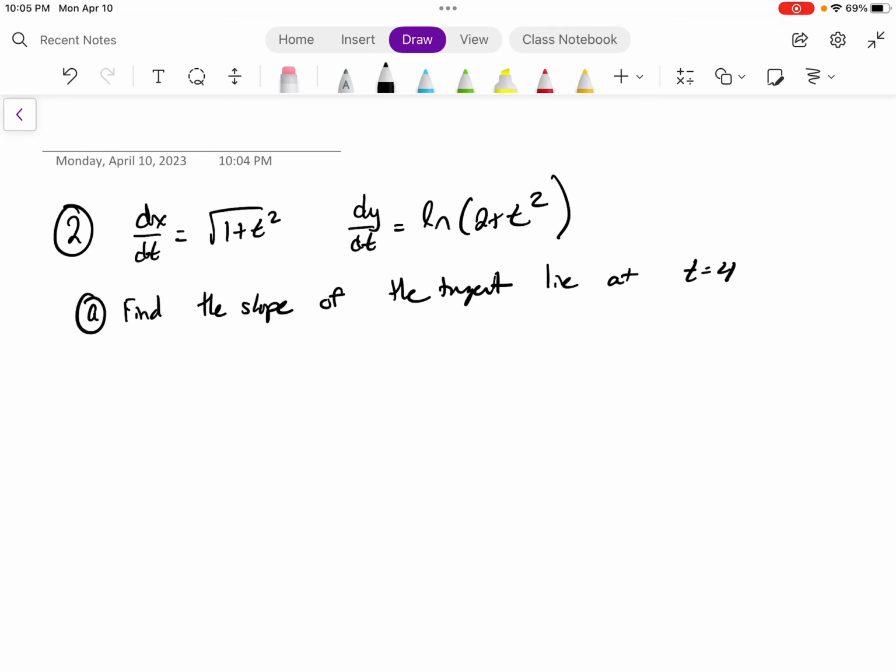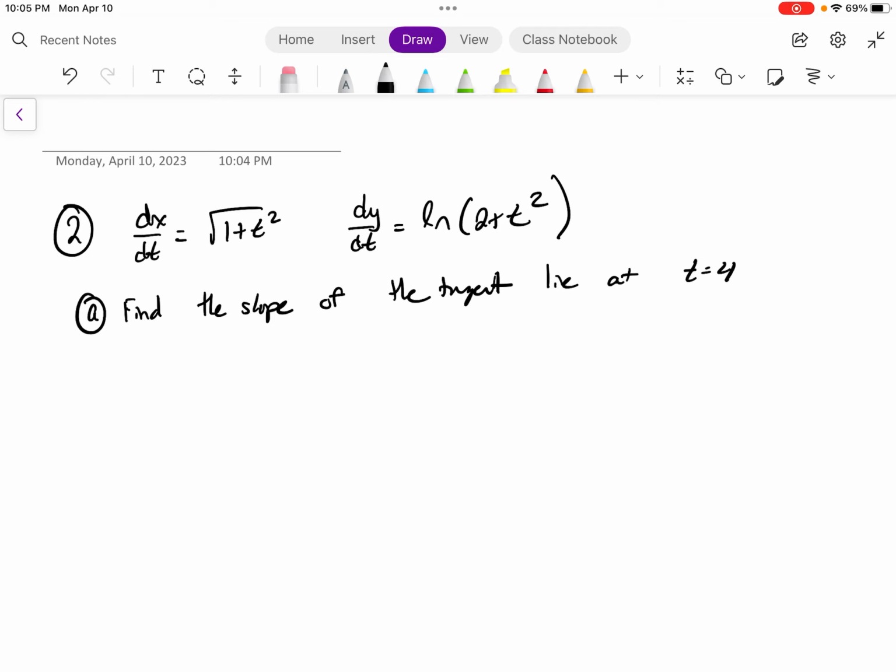Okay, we have to think about what this actually means. What are dx/dt and dy/dt? dx/dt is the derivative of the x coordinate with respect to time, which of course is velocity in the x direction, and dy/dt is the velocity in the y direction.